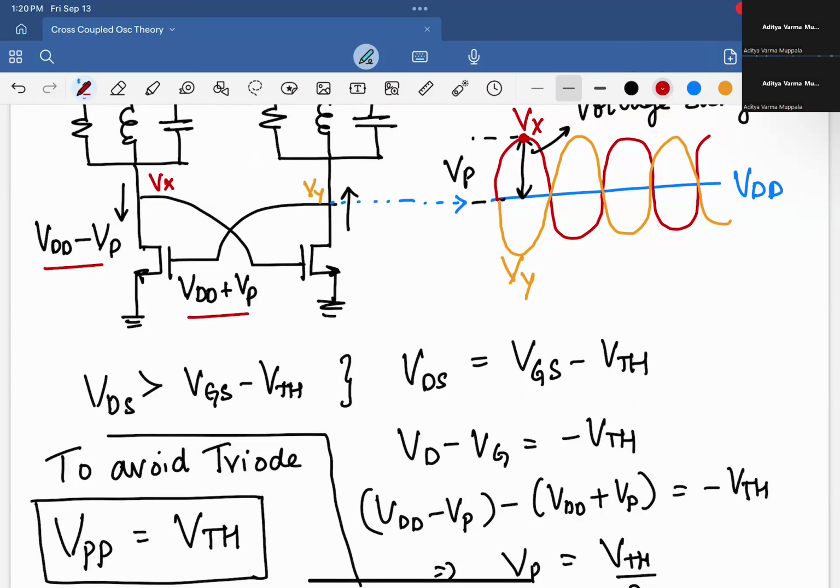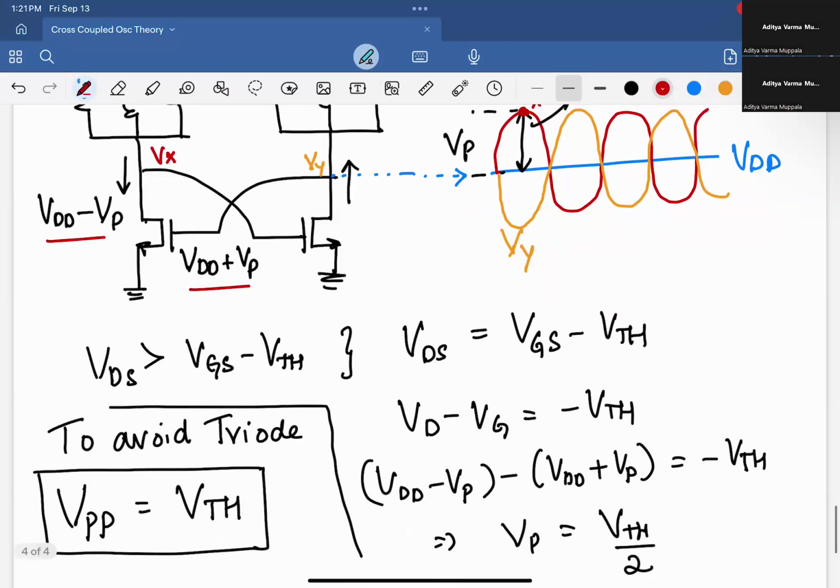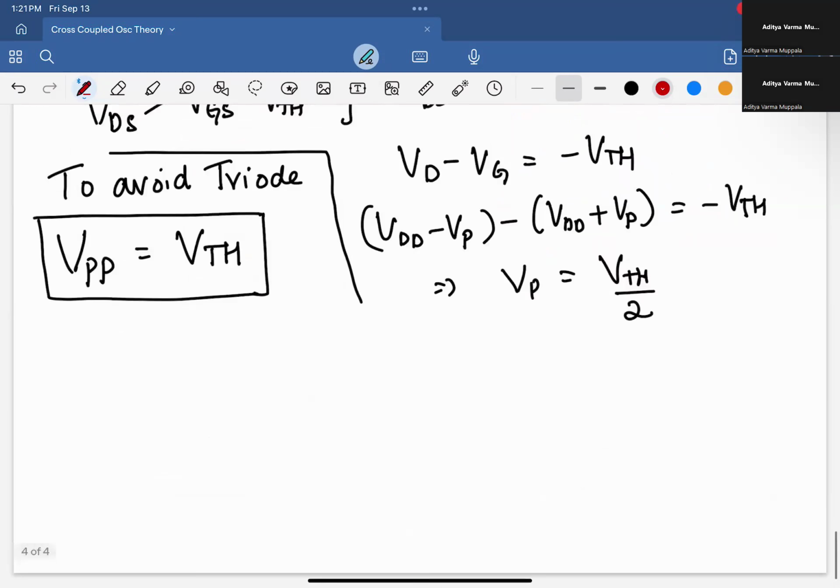So at some point, when these two signals start to become close to each other during the swinging process, the drain current here is not well defined. For example, if this goes close to triode or goes into triode, then the drain current becomes proportional to the VDS, because it becomes like a resistor. And that's why the drain current of this kind of topology is not well defined.